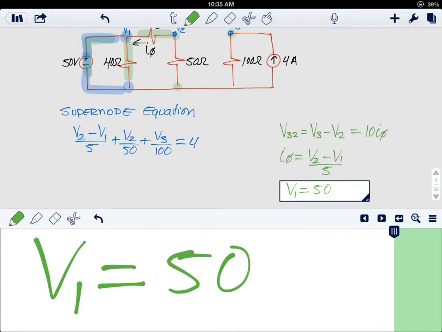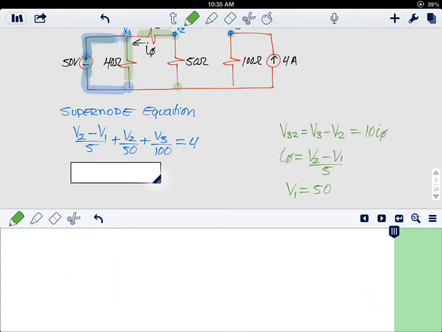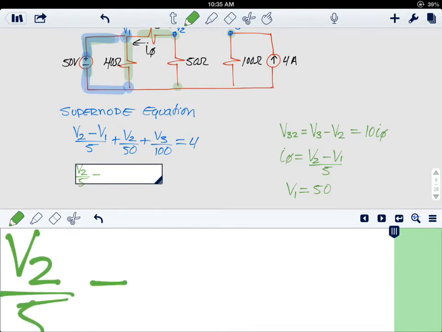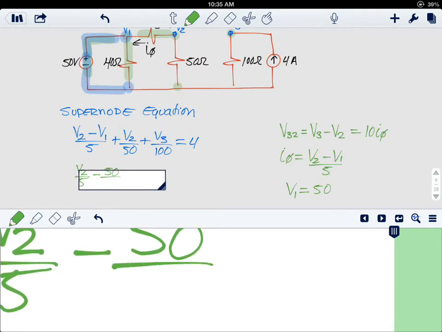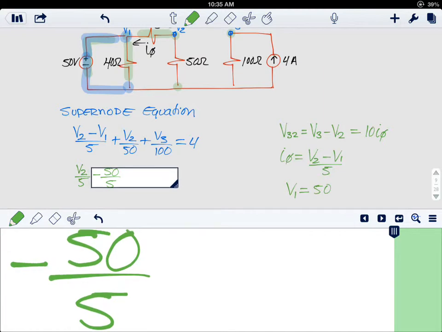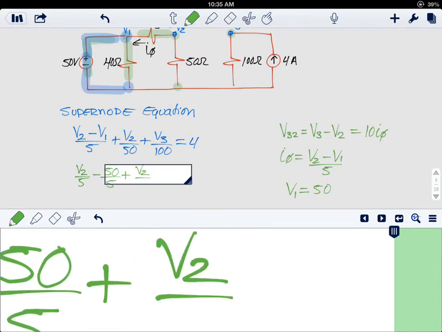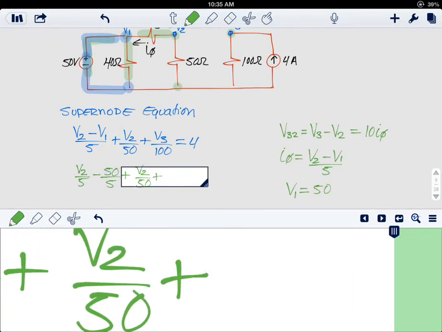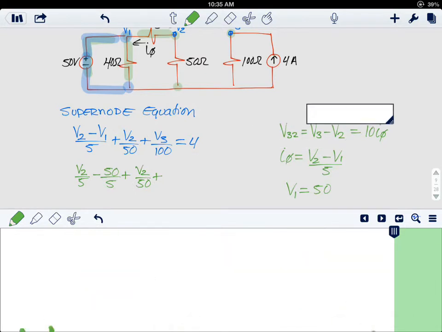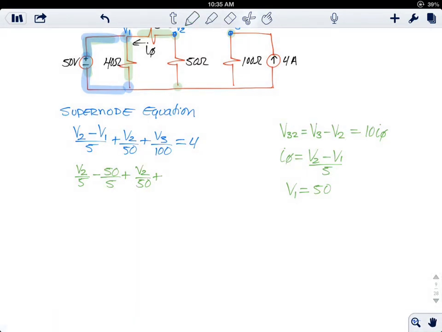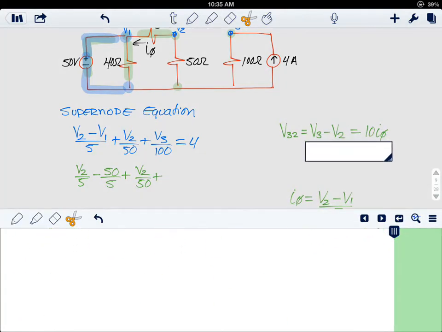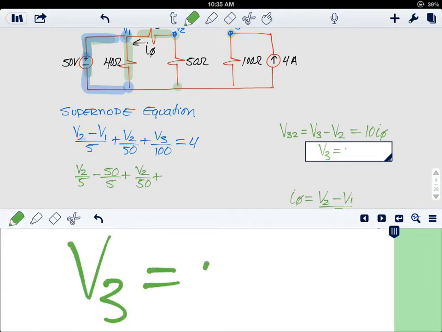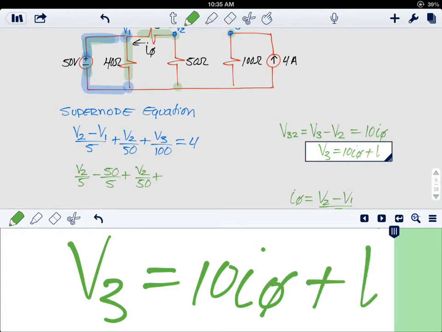With all that known, we can start substituting in this equation, and we have voltage 2 minus 50 over 5, because we know the value of voltage 1, plus voltage 2 over 50, plus voltage 3, and we know that voltage 3 from here equals 10 times this current plus voltage 2.